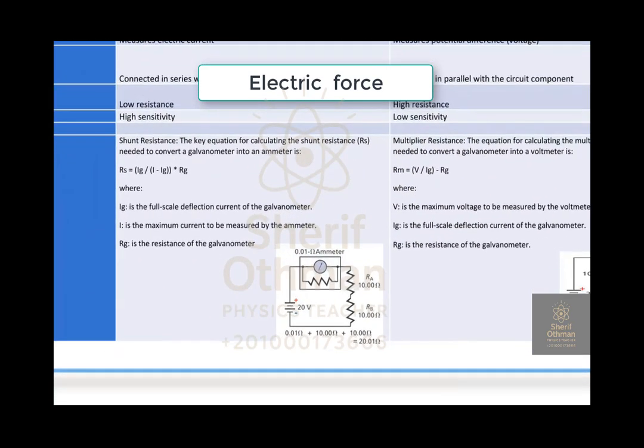The rule for finding the shunt resistance is the electric current which passes through the galvanometer divided by the total current minus the electric current passing through the galvanometer, multiplied by Rg. The rule used to find the multiplier resistance is V over Ig minus Rg.